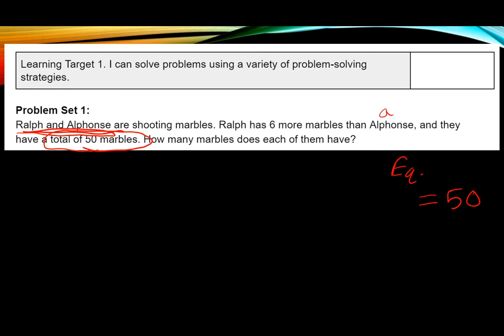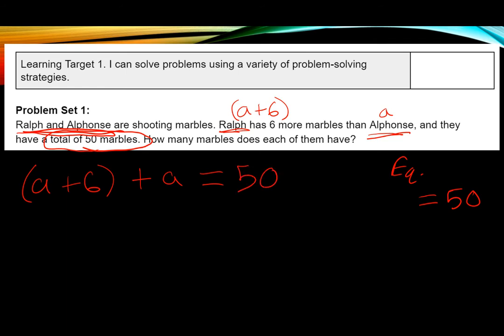So I'm going to use a variable a for Alphonse, and Ralph over here, he has 6 more marbles than Alphonse, and so I'm going to do Alphonse marbles plus 6. So if I write that out, I have Ralph here, a plus 6, and then I have Alphonse's marbles, which is just a, and we set it equal to our total of 50.